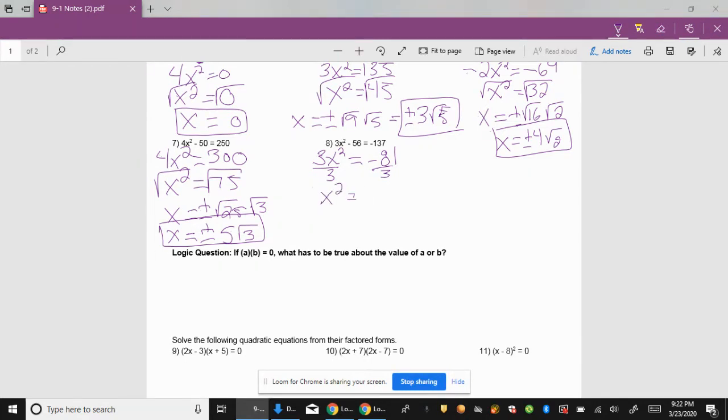X squared equals negative 27. And then when we go to square root this, some of us are going to jump to it and say, ooh, 27, that's 9 times 3, and go on from there. But we have to stop and go, wait, that's the square root of a negative number. I can't do that, right? There's not a number that I could take times itself and get a negative. So this is not possible.